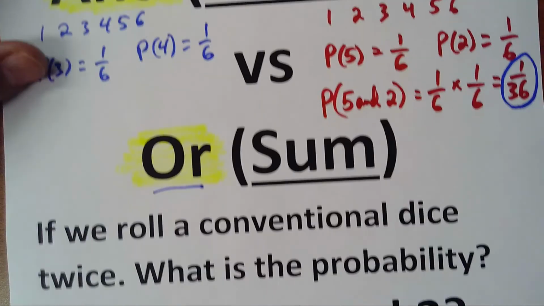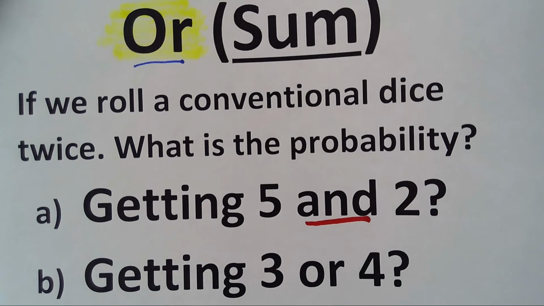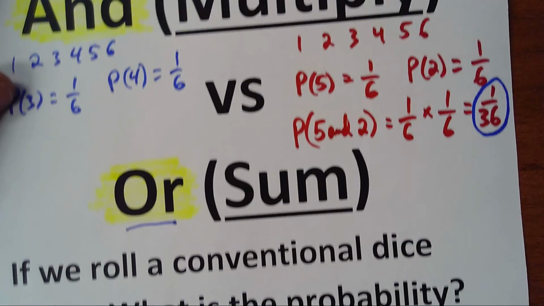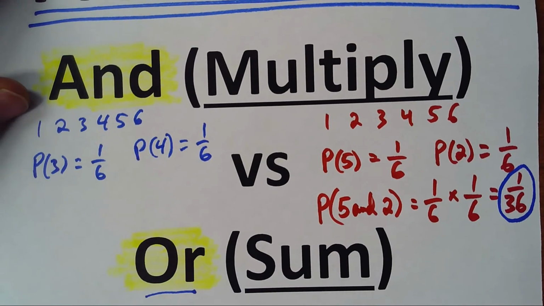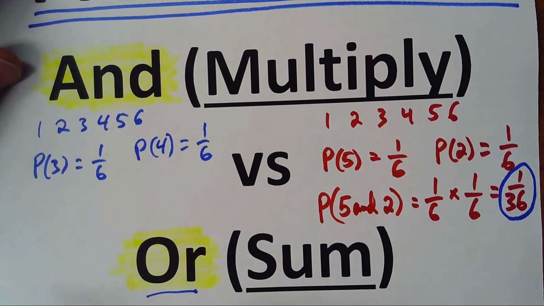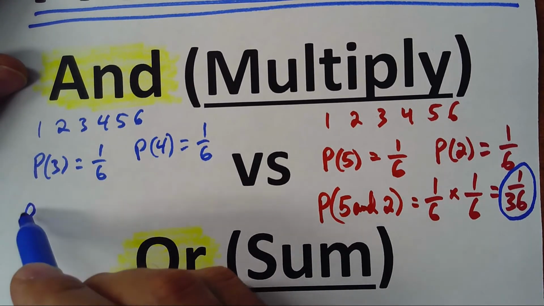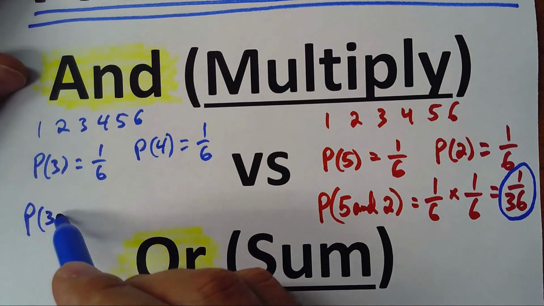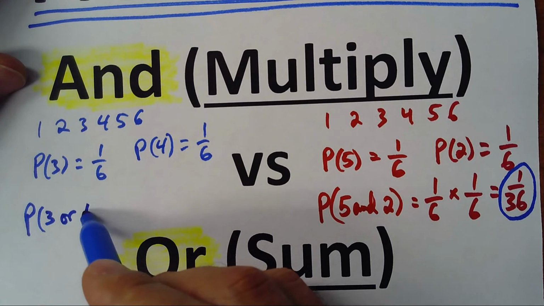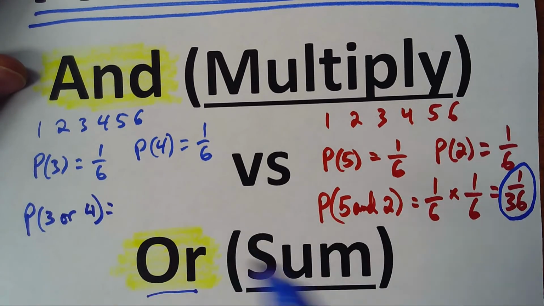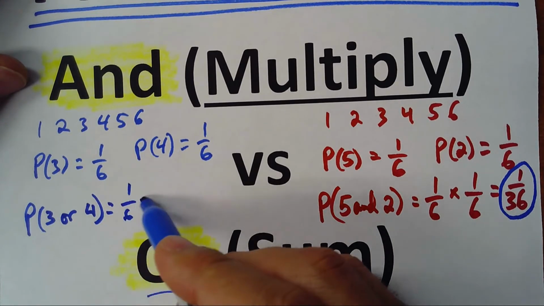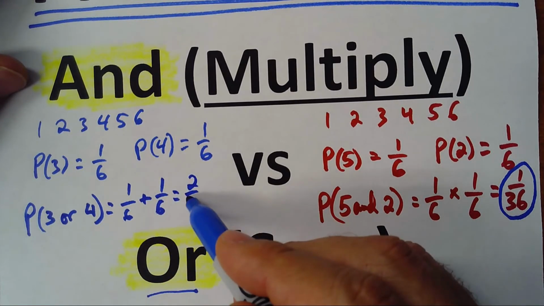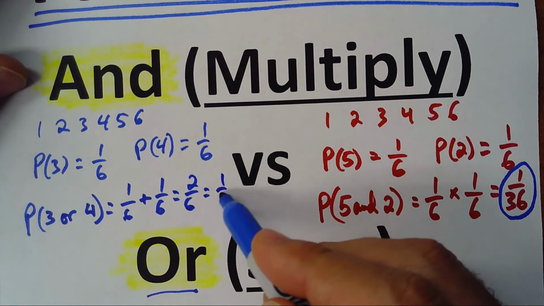Now the question is getting a 3 or a 4. So in the first rolling, you have two chances. So the probability of 3 or 4 will be equal to 1 over 6 plus 1 over 6, which is 2 over 6, or 1/3.